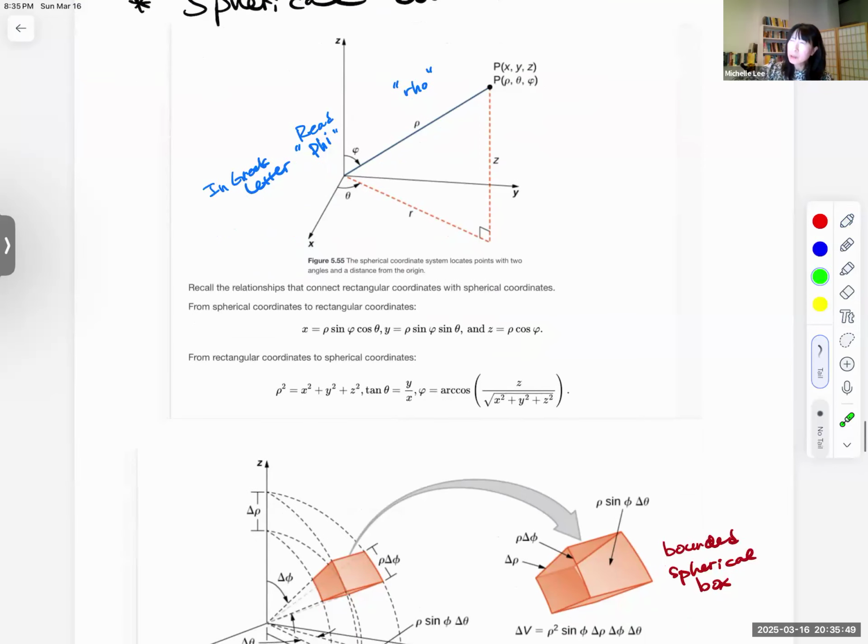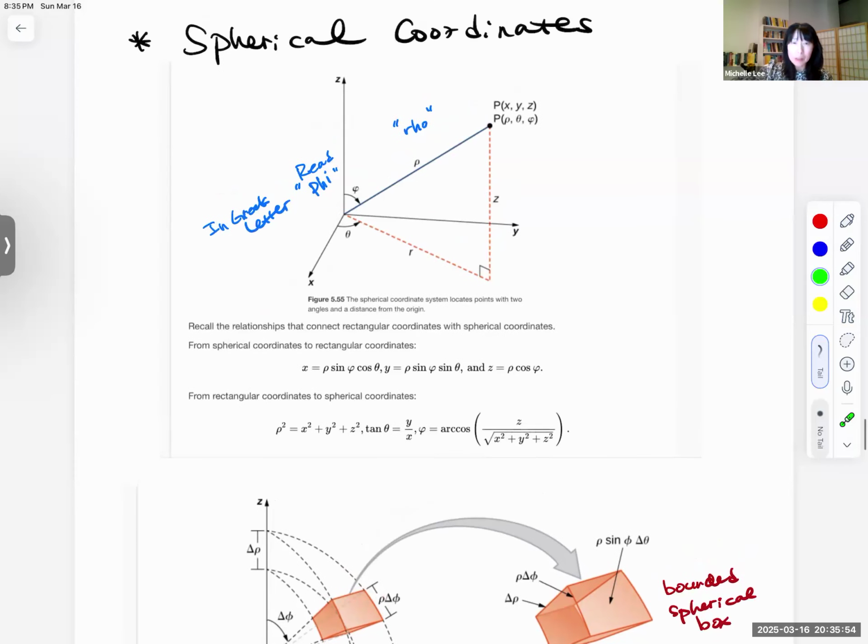I don't remember the section number, but we did cylindrical and spherical coordinates in chapter 2, right? Okay, so angle theta is the same as in cylindrical. From the positive x-axis, we measure angle theta.